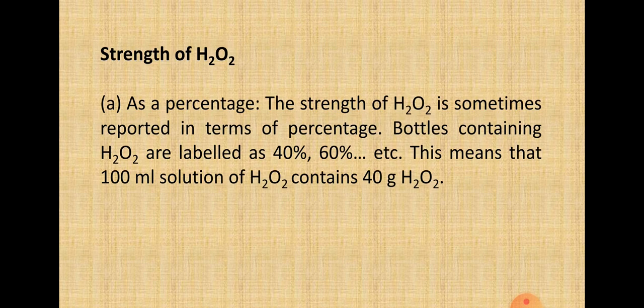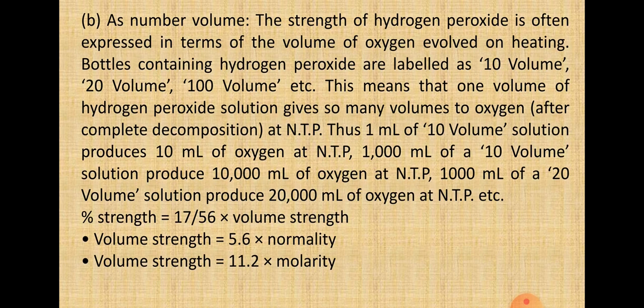Bottles containing hydrogen peroxide are labeled as 40%, 60%, etc. This means that 100 ml of solution of hydrogen peroxide contains 40 gram of H2O2, for 40%. And if it is mentioned 60%, then in 100 ml of solution, 60 grams will be hydrogen peroxide. This was when it is mentioned by percentage.